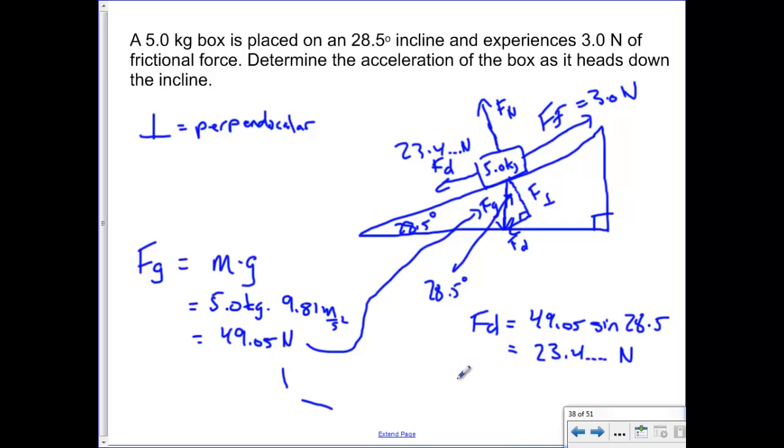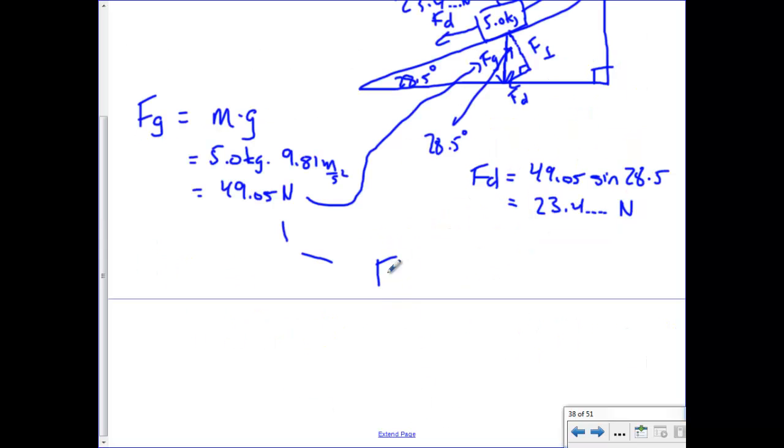So gravity is causing 23 newtons of force to go down the hill, but friction is pulling backwards with 3 newtons. So your net force would be equal to the downward force minus the frictional force.